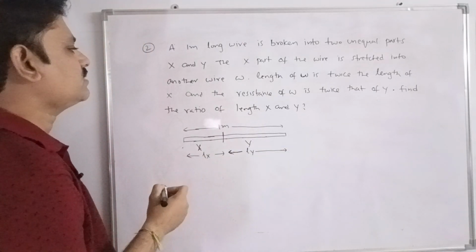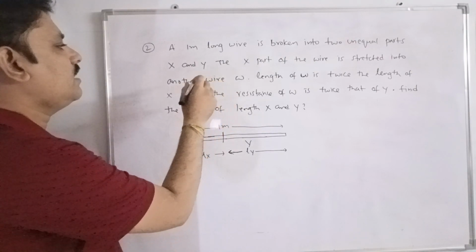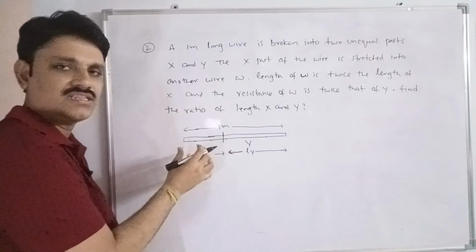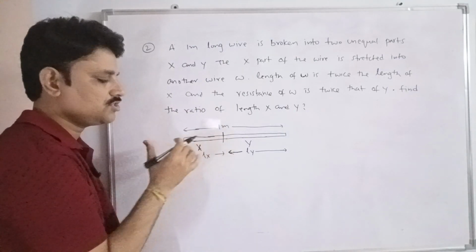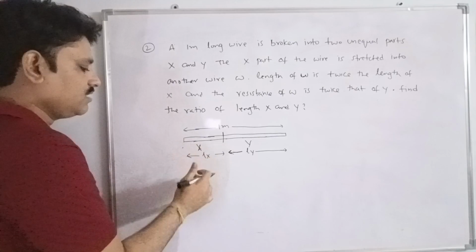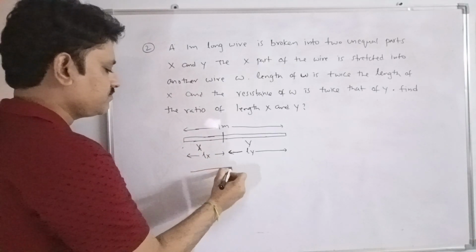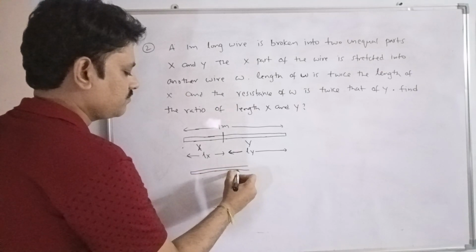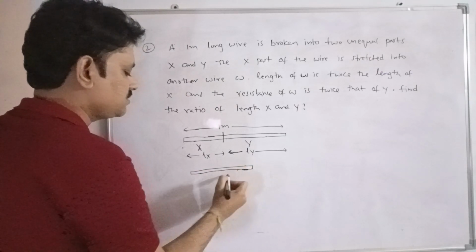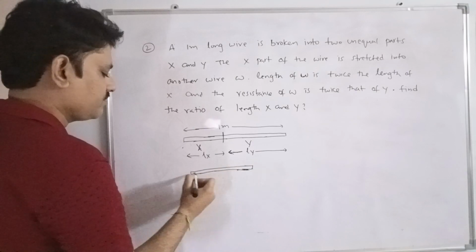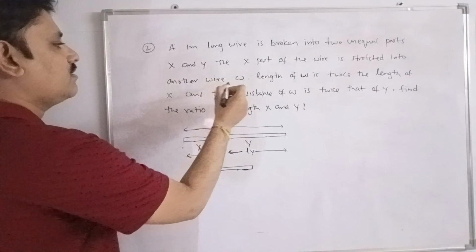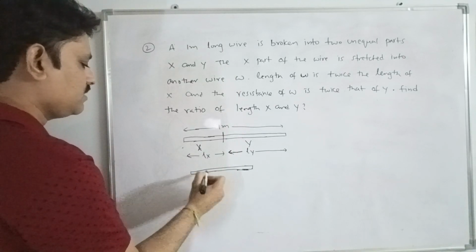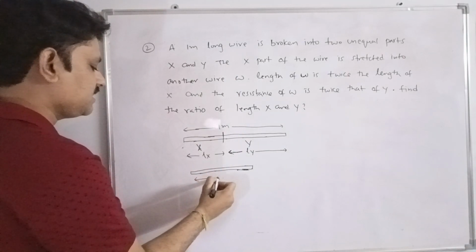Okay, next, the X part of the wire is stretched into another wire W. Let us suppose the X part is stretched into another wire W. This is the W wire, and the length of W is twice the length of X. Here the length of X we consider as Lx.